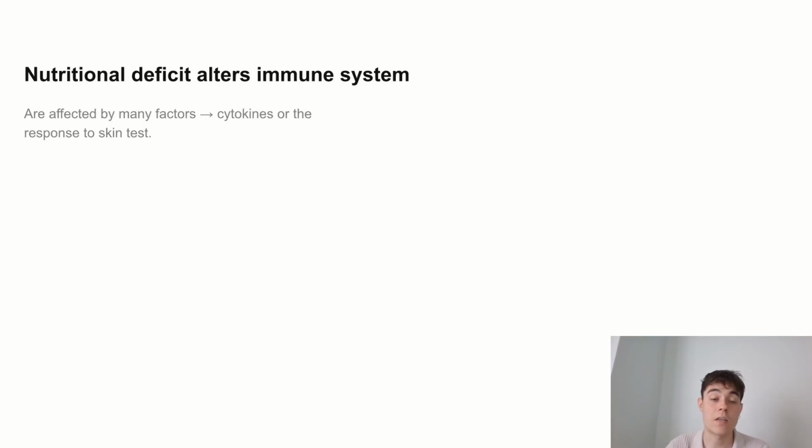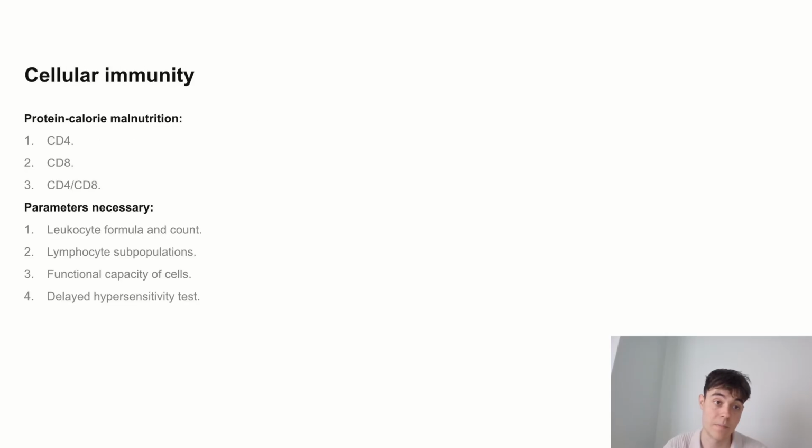Okay, sometimes for detecting alterations in the immune system, we used to detect it by cytokines or the response to skin tests. Some of the factors that can alter the immune system or can affect it are pharmacological treatments, such as people who've been treated for cancer, trauma, edema, sepsis, etc.